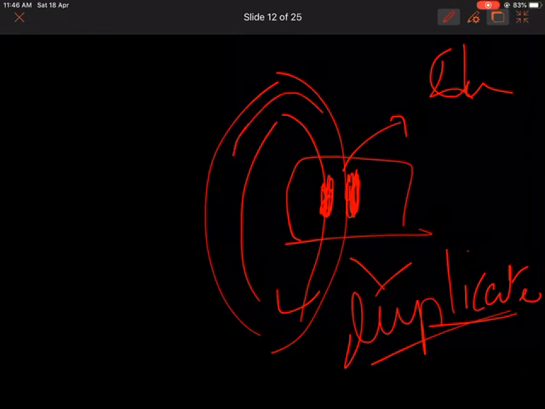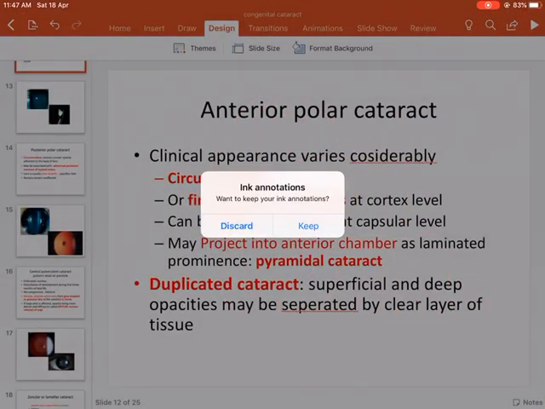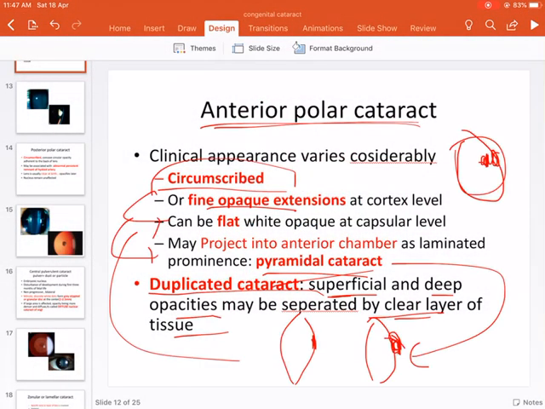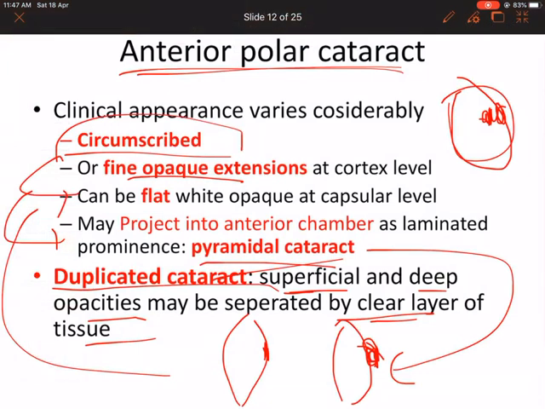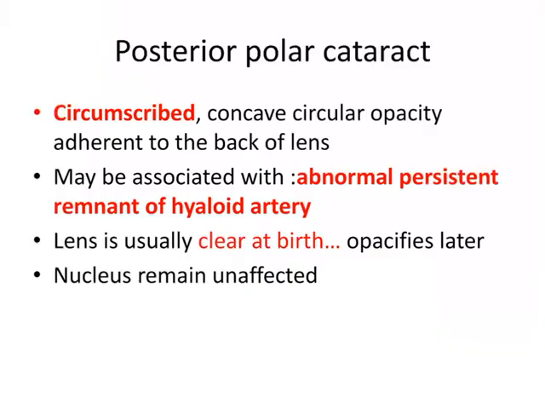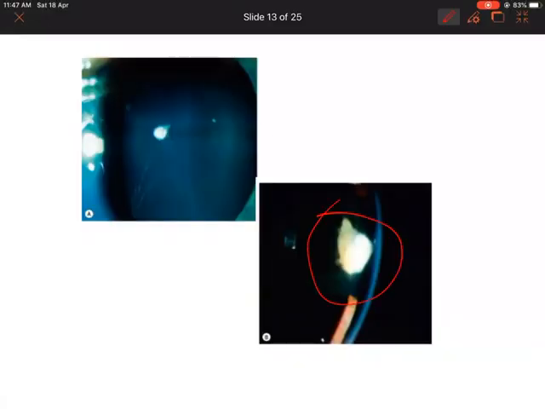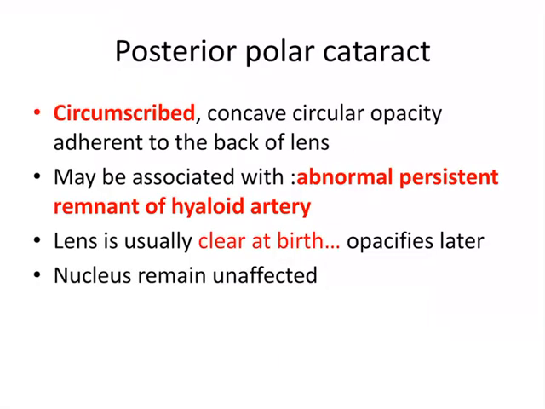The clear fibers being laid down in between those two cataracts separate the two layers. It's called duplicated or reduplicated cataract. So this is the pyramidal shaped cataract or anterior polar cataract. It can be flat also.